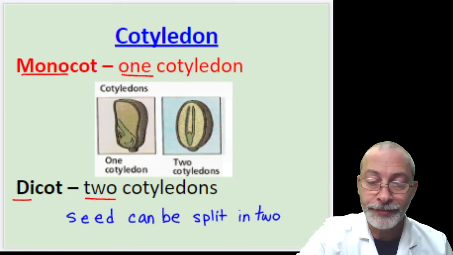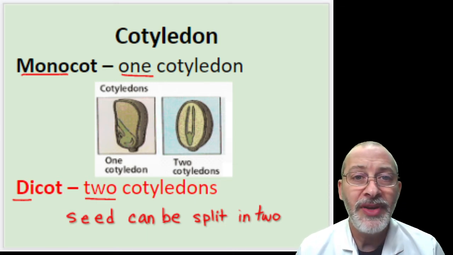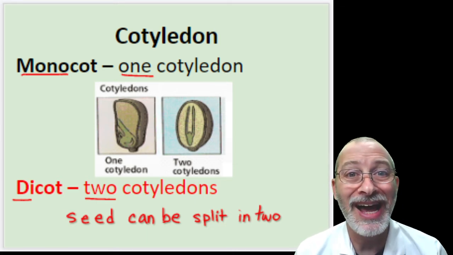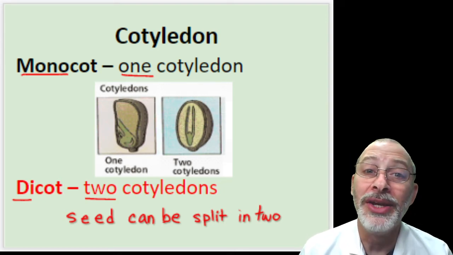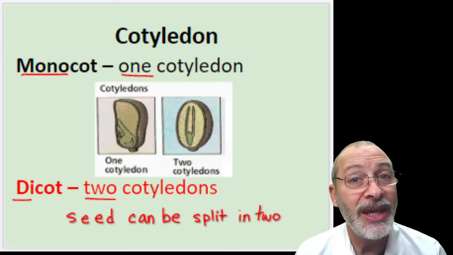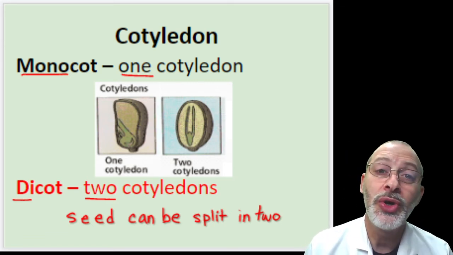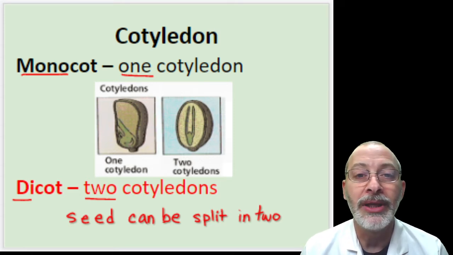Second one are called the dicots. The prefix di has nothing to do with death, but it has to do with the number 2. Just like bi means 2, so does di. Bi and di both mean 2.